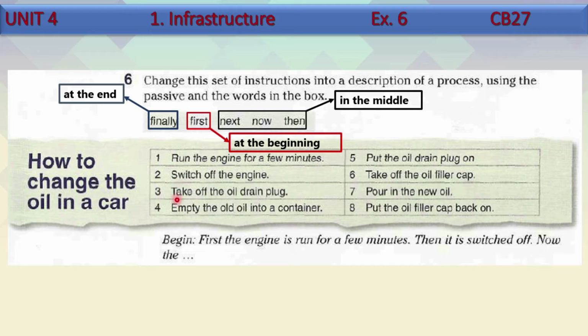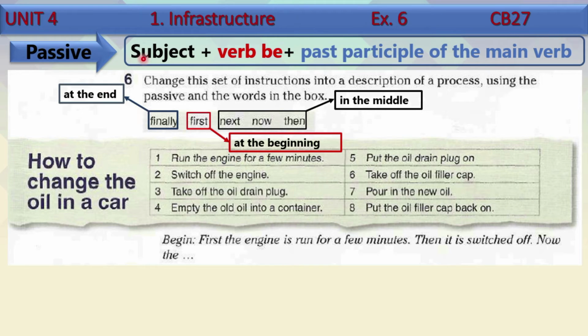The instructions are in the imperative form, and the word order is base form of the verb followed by the object. Now remember, the structure of the passive voice is subject plus verb to be and past participle of the main verb.